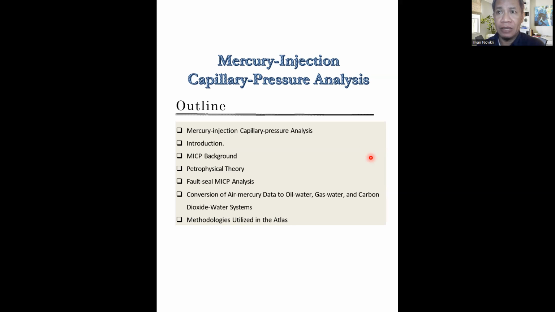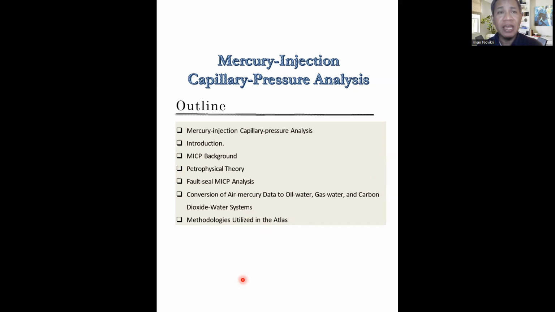It involves injecting mercury into a core sample at different pressure increments to measure the behavior of capillary pressure and generate drainage and imbibition curves.